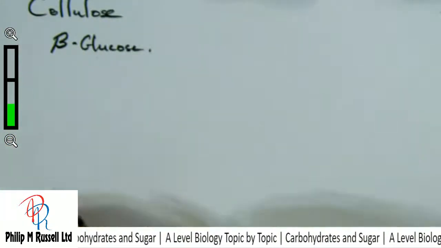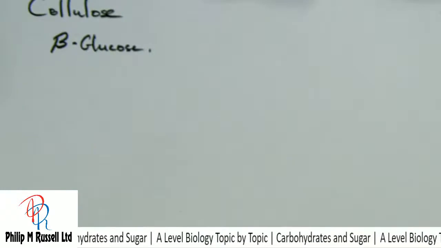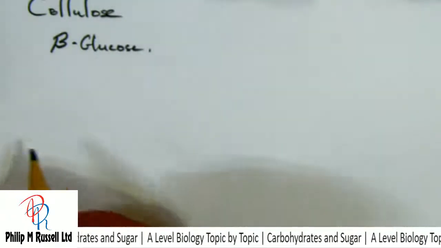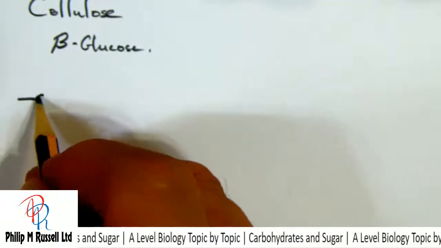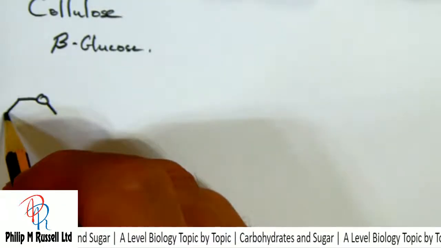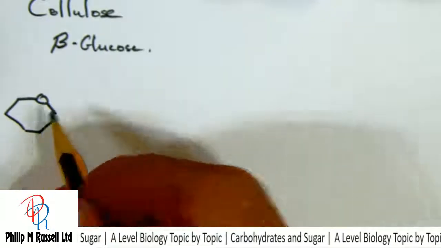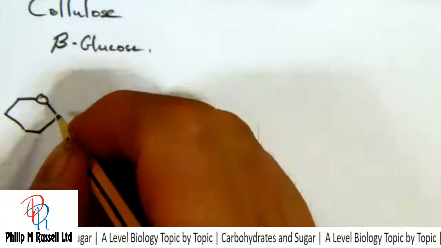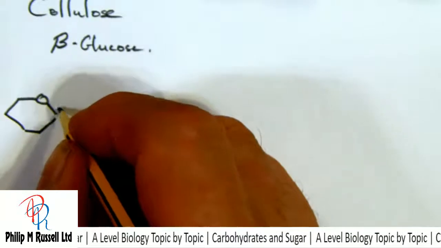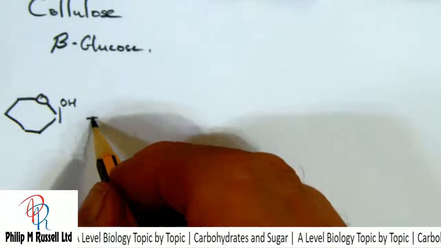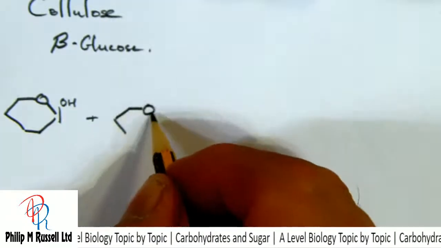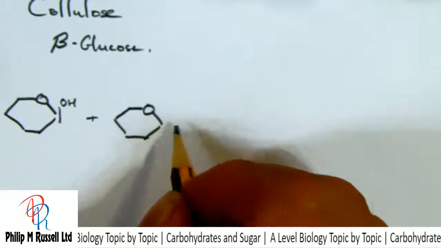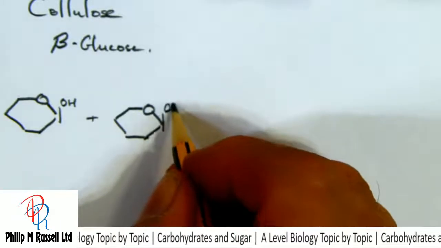So let's take my two molecules of beta glucose. In this one, because it's beta glucose, we're going to have the OH in the up direction, and this is going to react with another glucose, also a beta glucose.